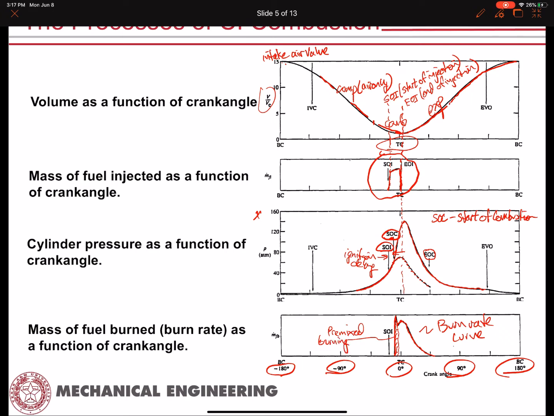And then the second mode is this second portion here that's under the parabolic part. The premixed burning is that spiky peak. We oftentimes refer to that as the premixed burn spike. And this more smooth parabolic type burning is what we call diffusion burning or mixing controlled burning.